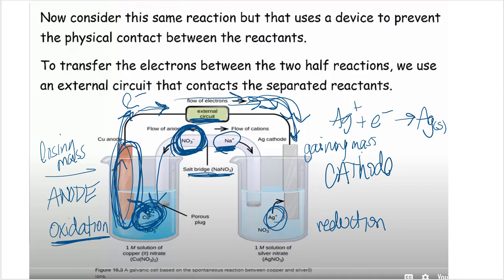So on the left here, this copper anode is losing mass over time. That copper is degrading into those copper +2 ions. And then on the right side, my silver cathode is gaining mass as the aqueous ions plate onto that silver cathode and just add mass as pure silver. So if we're removing these positive ions on the right here, the cathode, and plating it onto that silver, that means I'm left with an abundance of the nitrate ions.